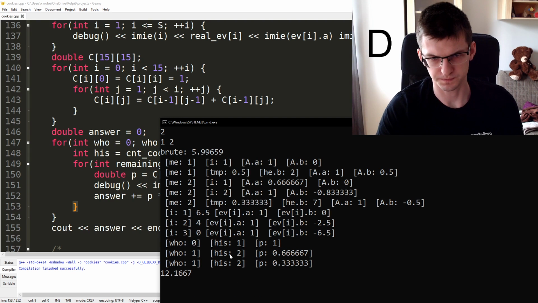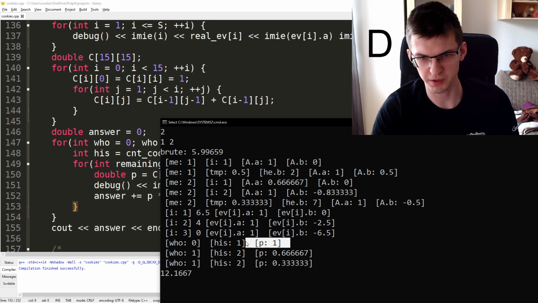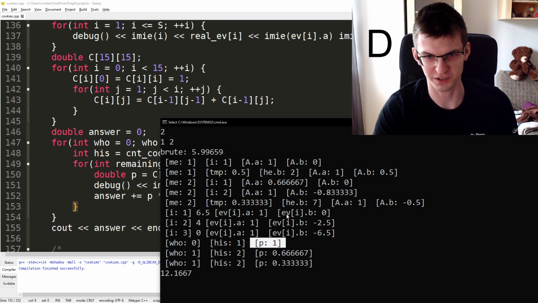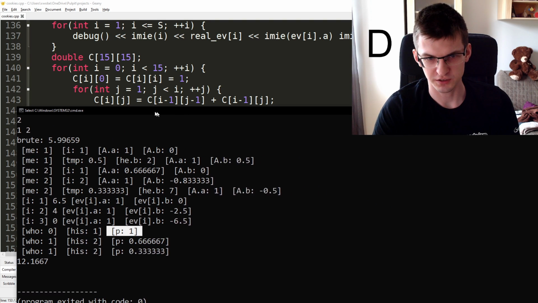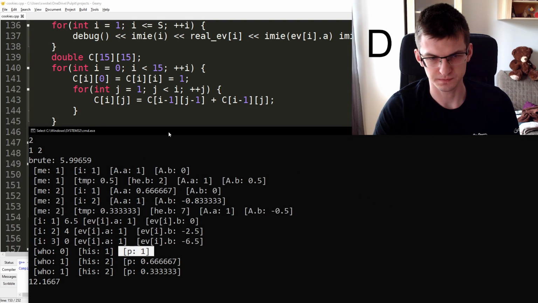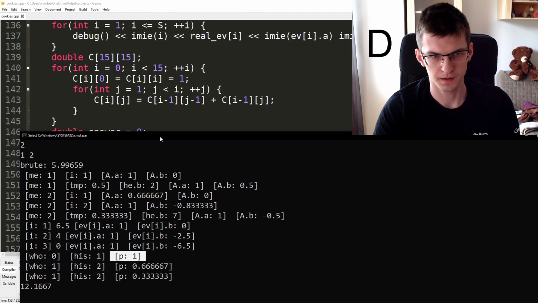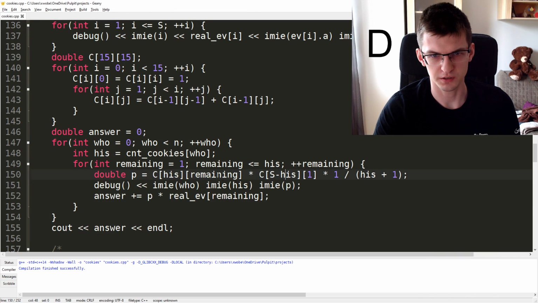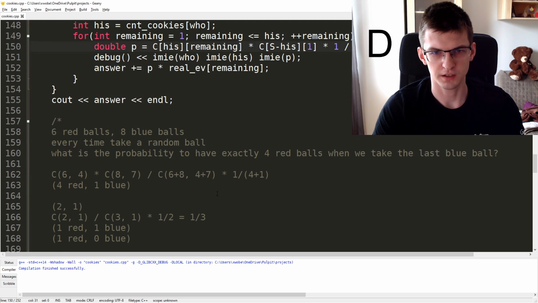What do we have? For the first person, there is probability 1 that we'll get to this situation. That's not right. It shouldn't be 1. It should be much smaller. So it's... Oh, I didn't divide. I didn't divide by this.